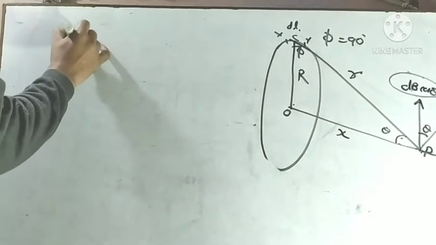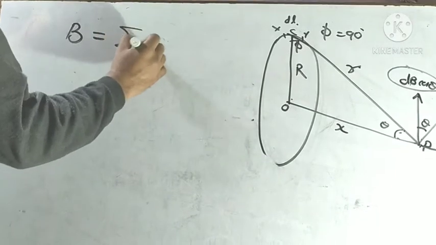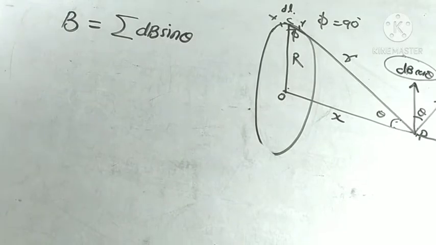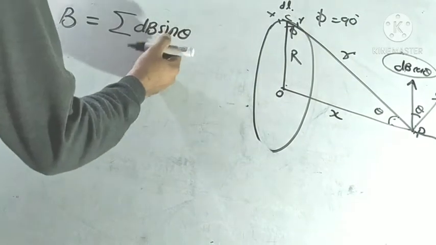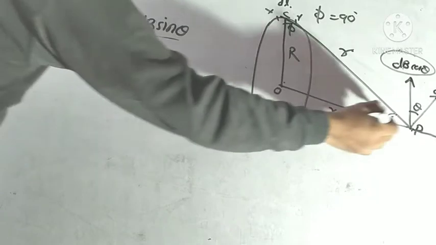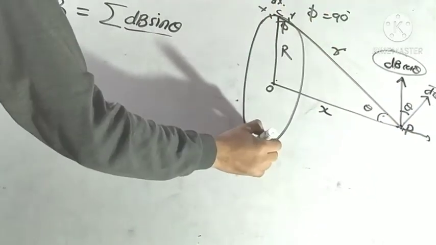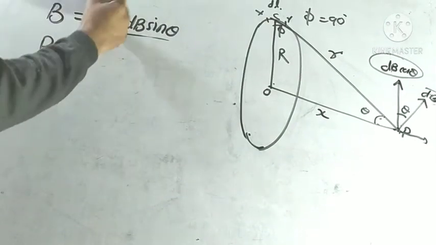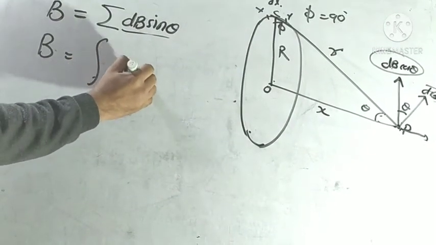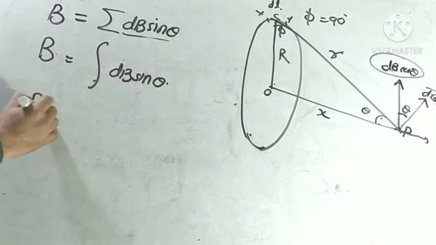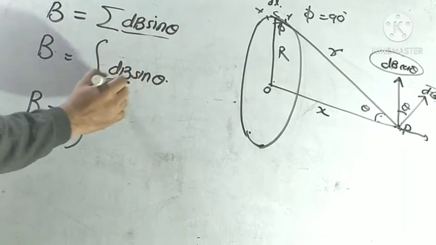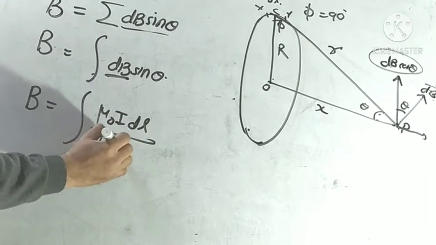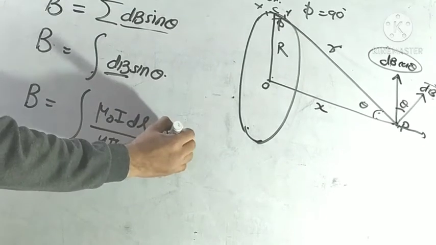So the magnetic field at point P is equal to the sum of all dB sin theta components due to all elements on this circular loop. This sum represents integration, and we put the value of dB here, that is mu naught I dl upon 4 pi r square, times sin theta.